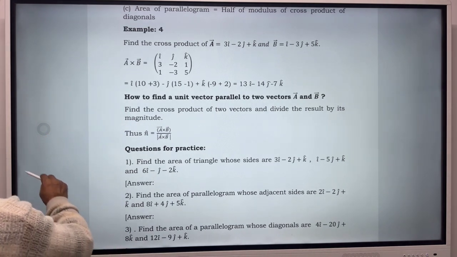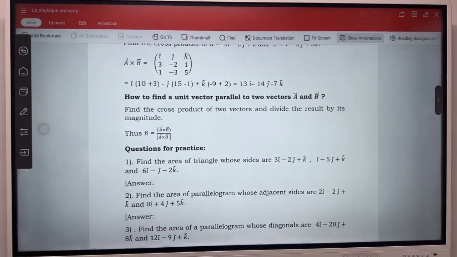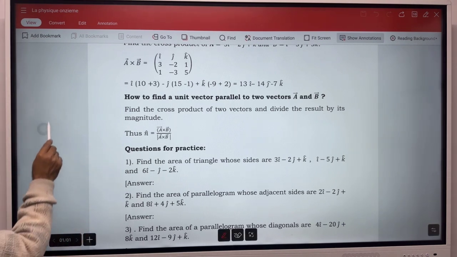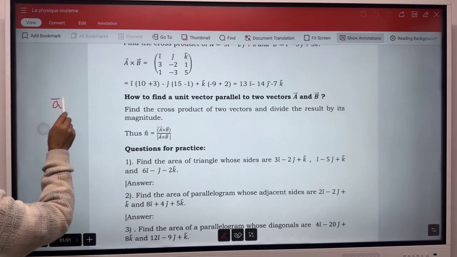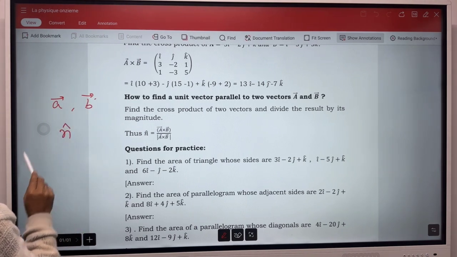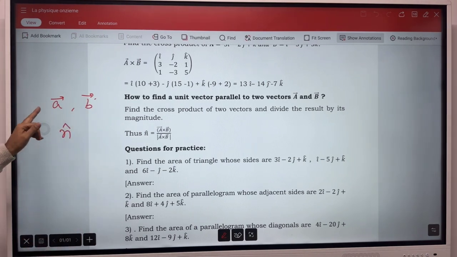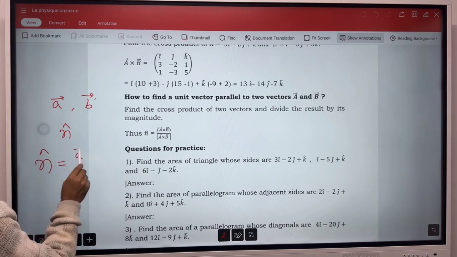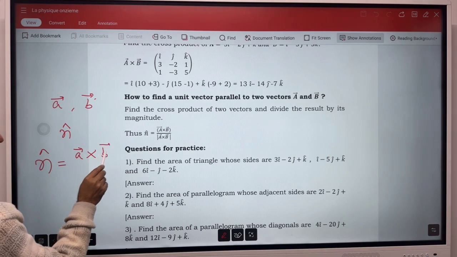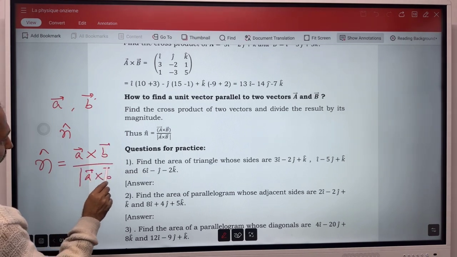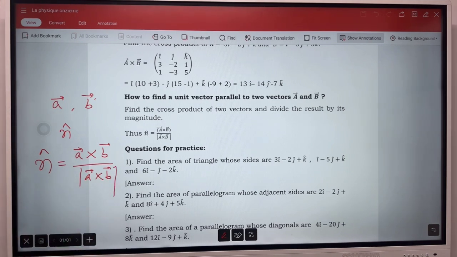Now, suppose you want to find a unit vector perpendicular to two given vectors, vector A and vector B. So you can write vector n cap is A cross B divided by modulus of A cross B. We will see it.